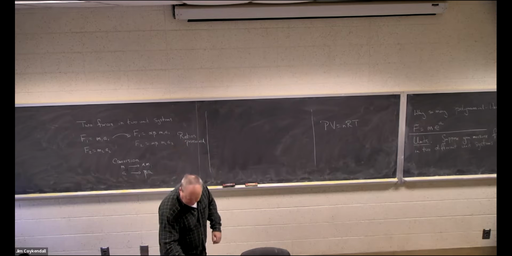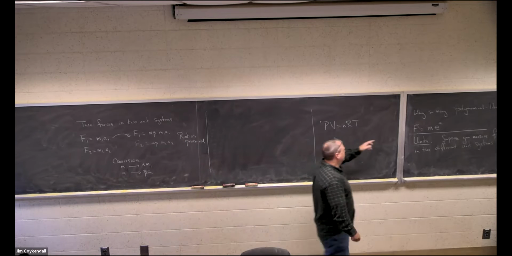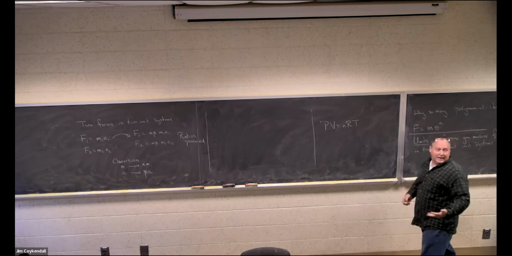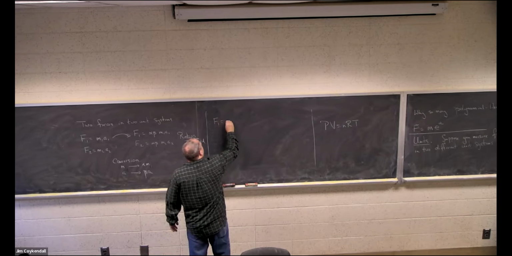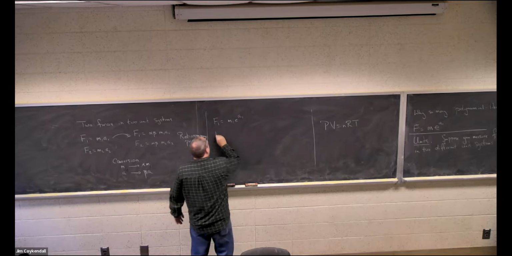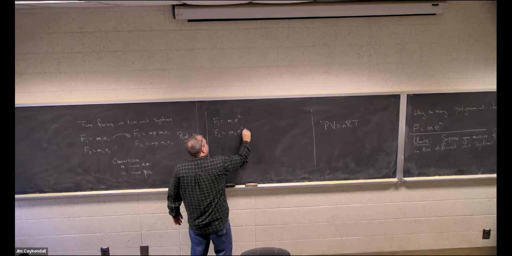So this is one of the reasons that we don't have this right here, because what happens if we have M e to the A, right? Well, in the first unit system, F1 is M1 e to the A1 and F2 is M2 e to the A2.